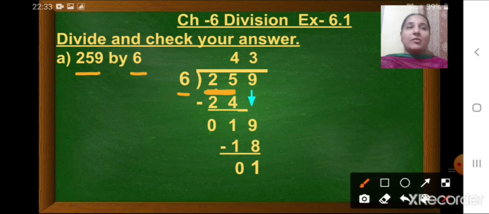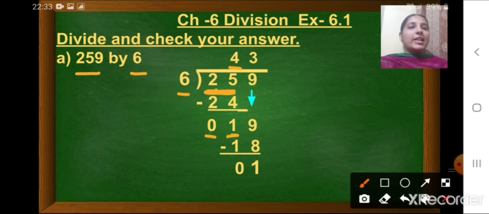So how many times will go? 6 4 times. So 6 4s are 24. That we will write here. 6 4 times 24. Now we will subtract. So 5 minus 4, 1, and 2 minus 2 will be 0.